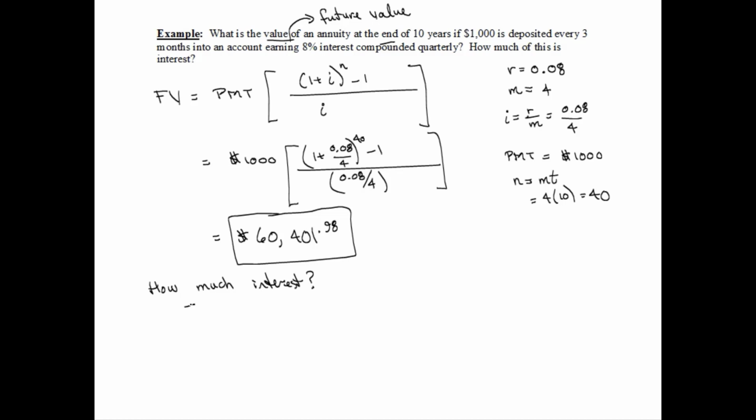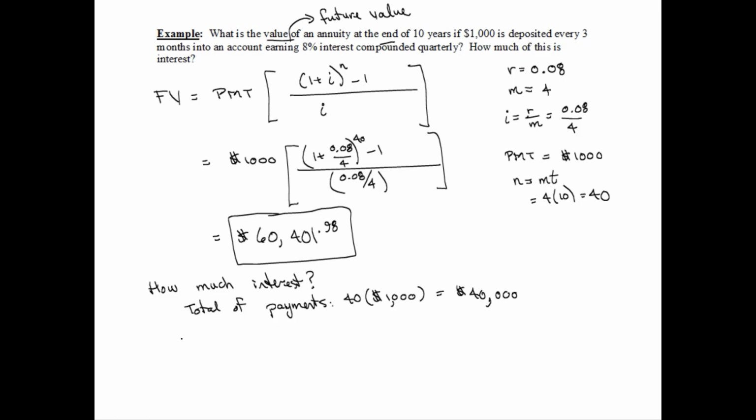So what we want to do is figure out the total of our payments. Well, there are 40 of them. We multiply by the size of each payment, which is $1,000. So we end up with $40,000.